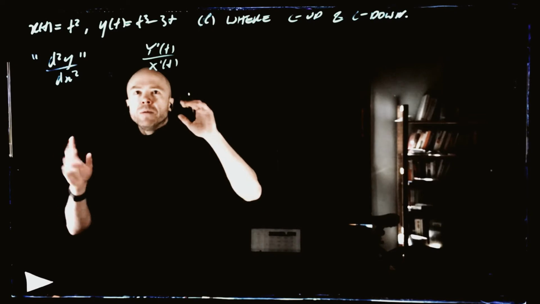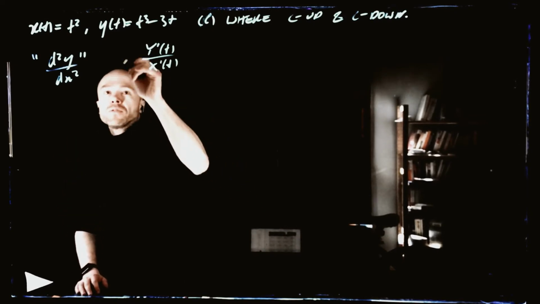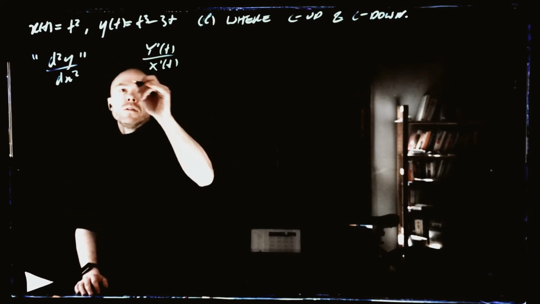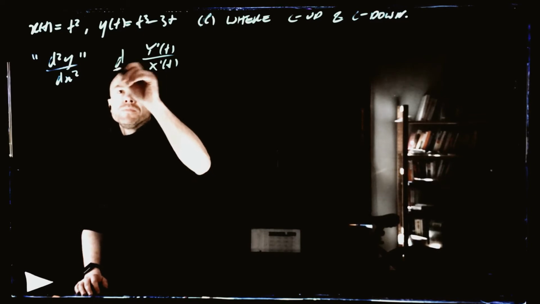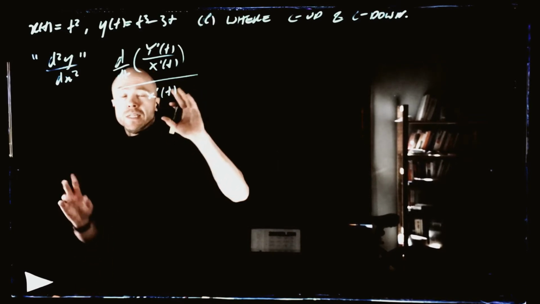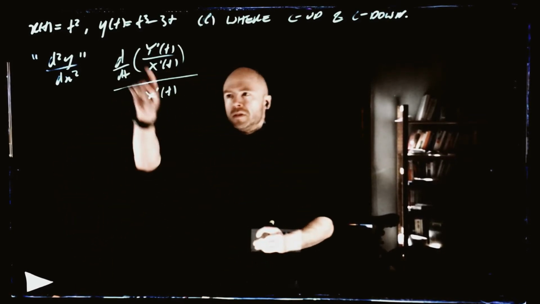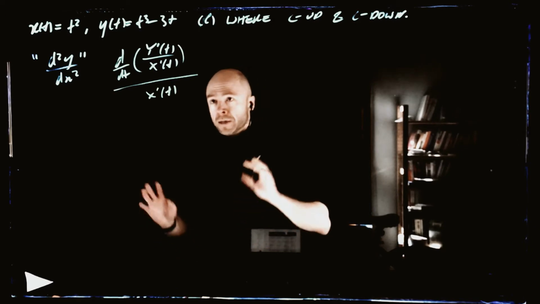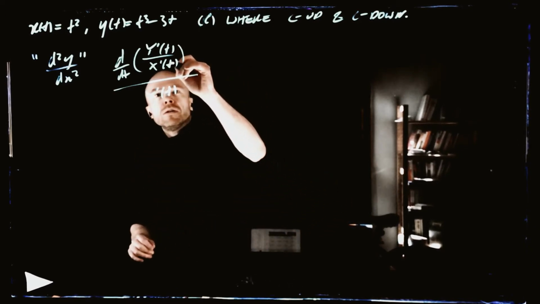That's the dy by dx slope. And then we differentiate this with respect to t, and then we divide this by x prime of t, because it's this cancellation of the dt's on the bottom. This is the formula that we have.